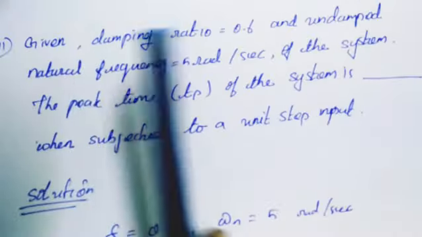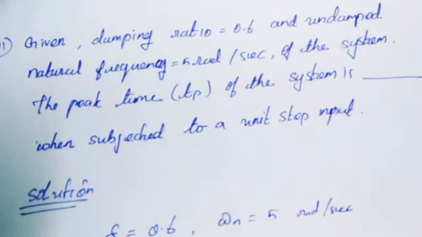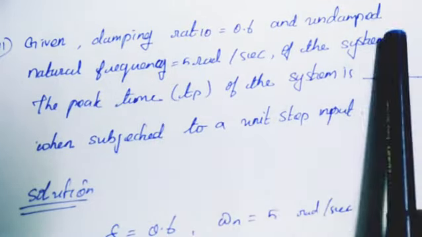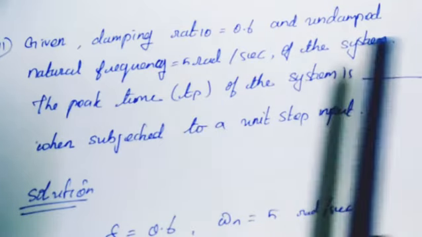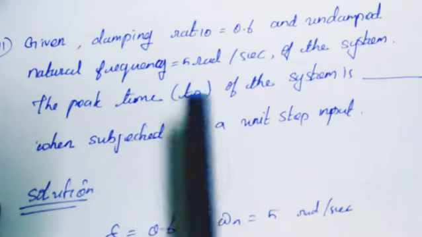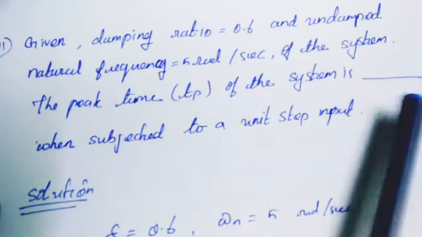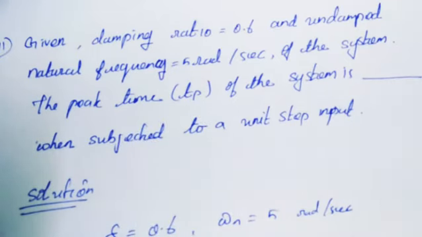Question: given damping ratio delta equal to 0.6 and undamped natural frequency omega n equal to 5 rad per second of the system, the peak time Tp of the system is dash when subjected to a unit step input.